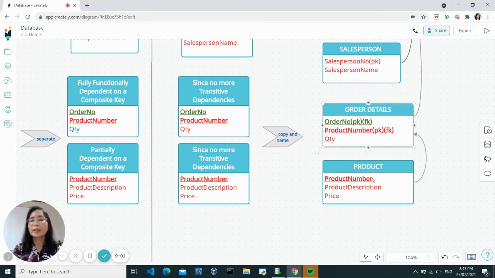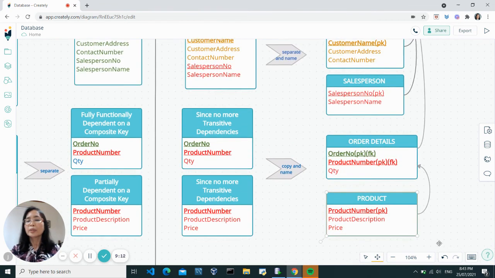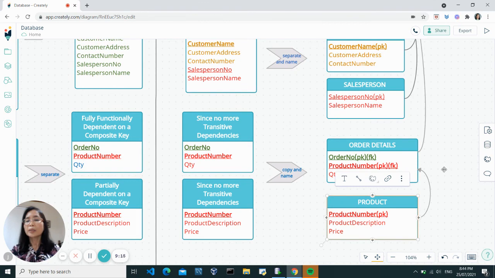And here, product will become our primary key. So this is how the tables will be related.